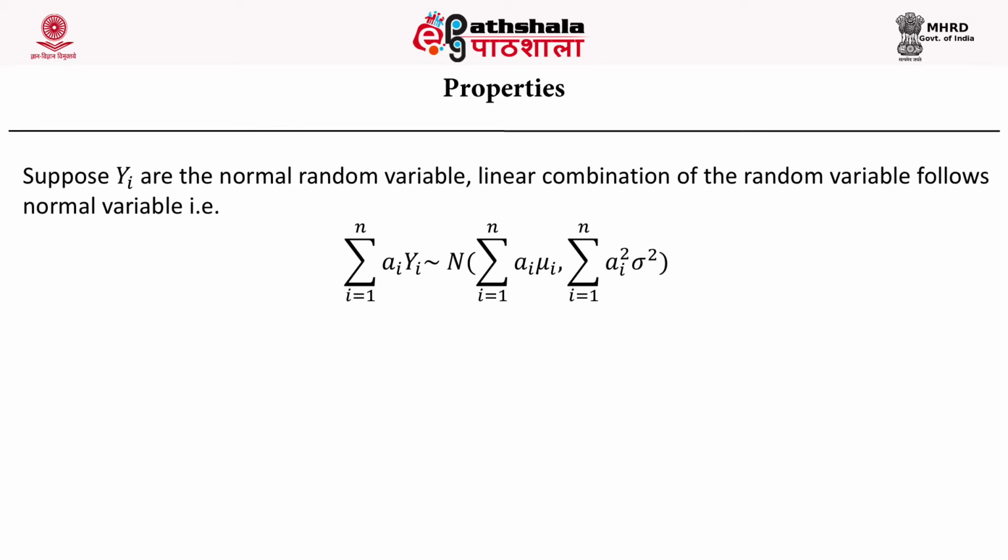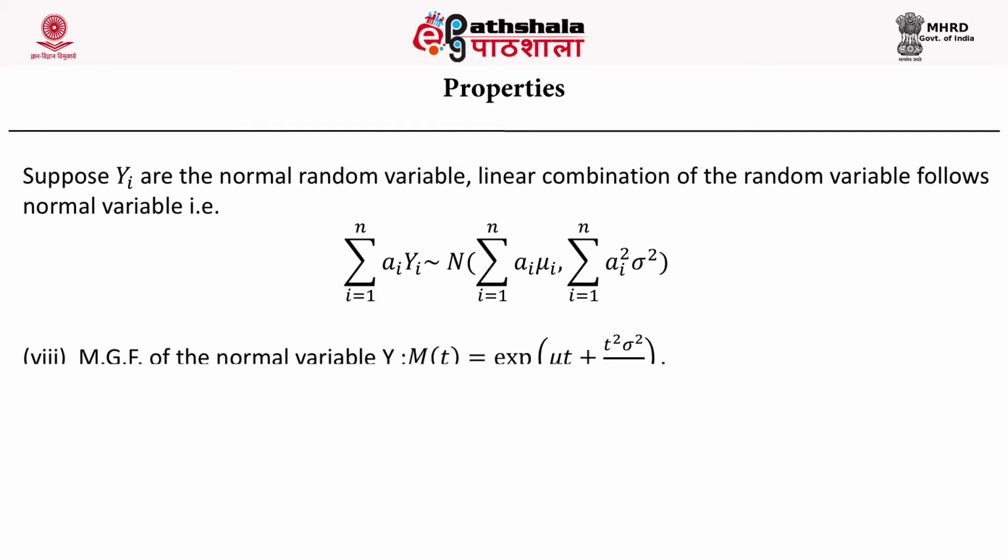Another property of the normal distribution is the mgf of the normal variable, that is M of t, given as exponential mu t plus half t square sigma square. So the mgf of the standard normal variable is equal to exponential t square upon 2.